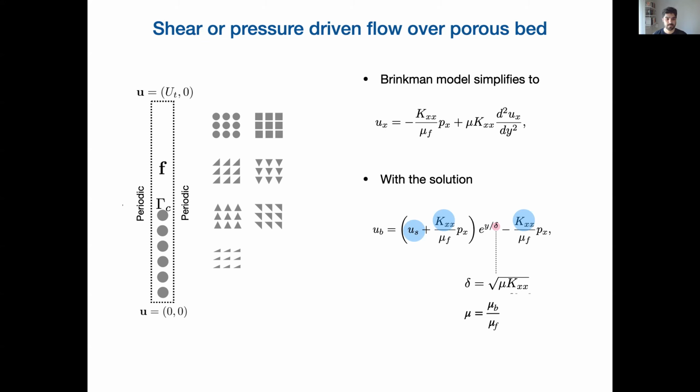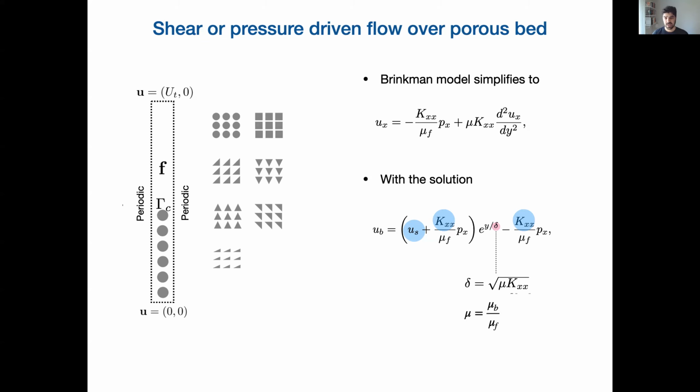And it should be mentioned that we consider 7 different geometries, which are also shown here. So in addition to circles, we look at squares, triangles, or different orientations. In any case, regardless of the porous geometry, the Brinkman model simplifies and becomes 1D, as you can see to the top right. And you can solve this by hand, and that solution is shown at the bottom there.